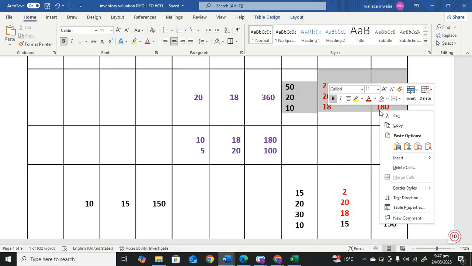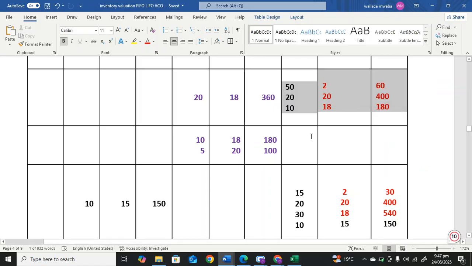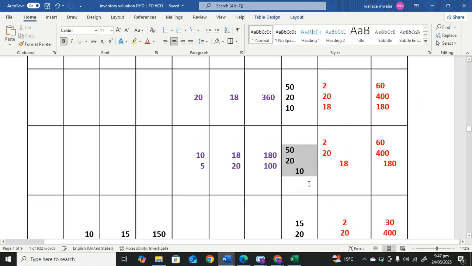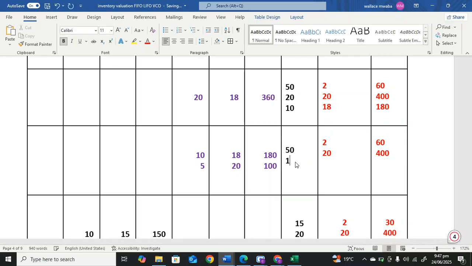So these 10 units have gone. And then these 20 units, since we removed 5, there are 15 remaining, valued at 20. So that's 300 kwacha.